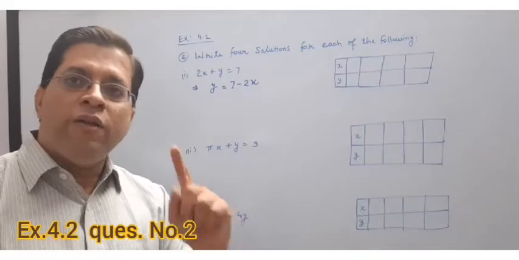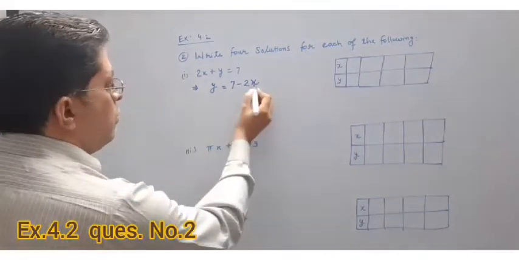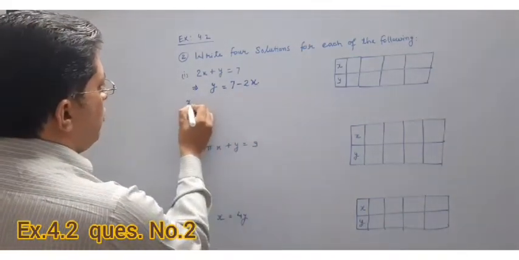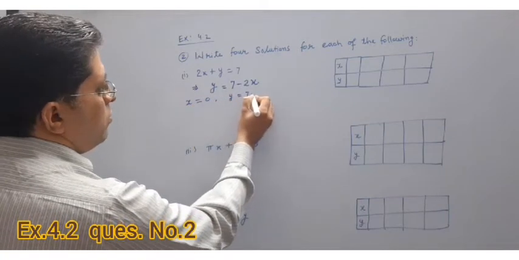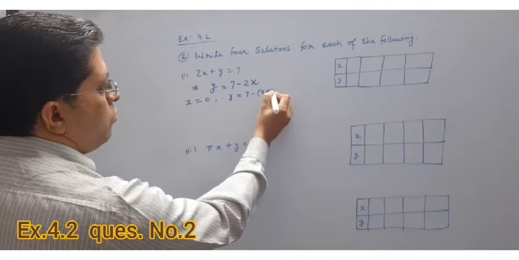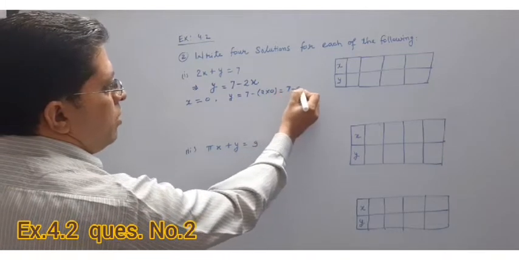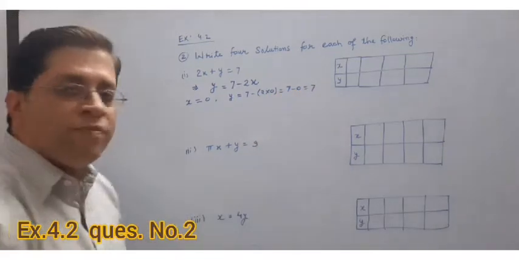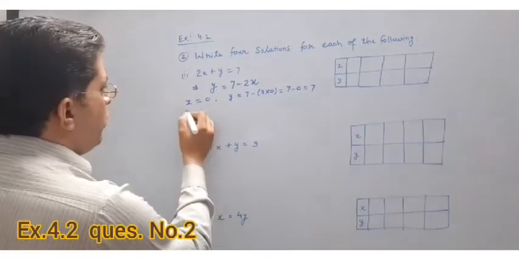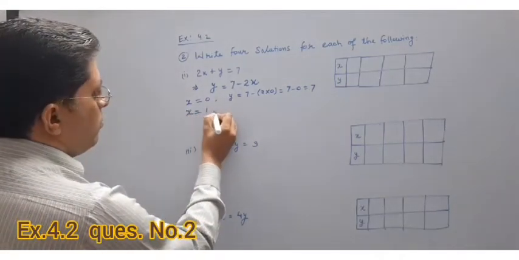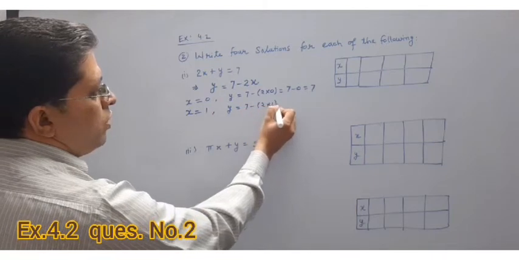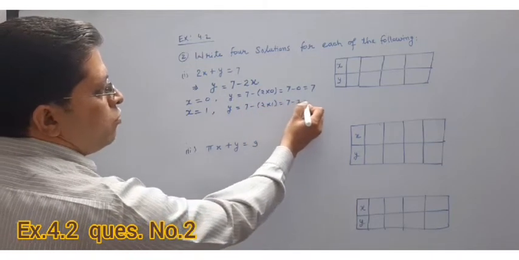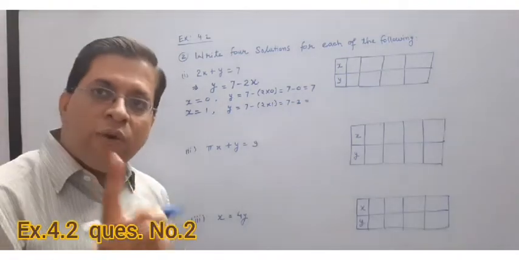Okay, now I have to find 4 solutions of it. If you take x is equal to 0, then what will be y? 7 minus 2 into 0, that is 7 minus 0, that is 7. Okay, if you take x is equal to 1, then what will be y? 7 minus 2 into 1, 7 minus 2, this will be 5, no?